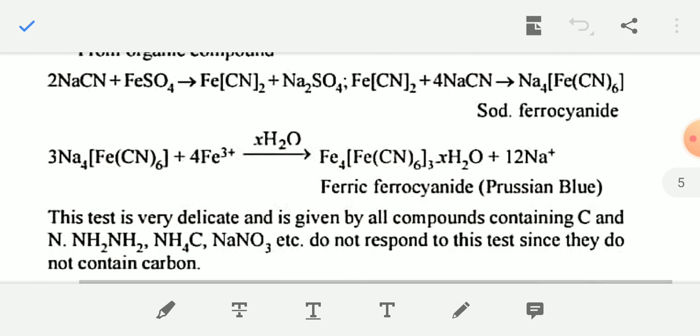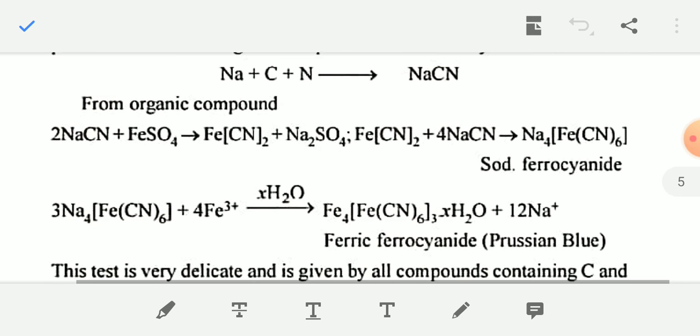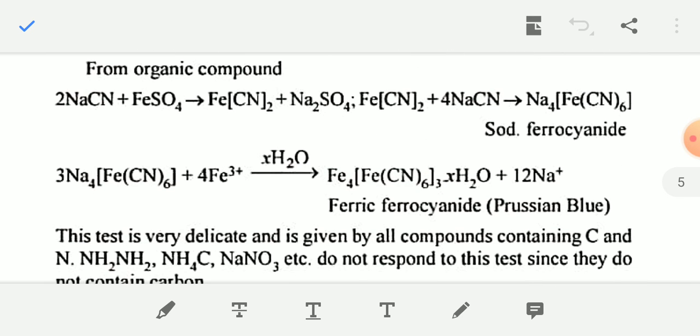Sodium ferrocyanide then combines with Fe3+ ions to form ferric ferrocyanide, and due to its formation we get the Prussian blue coloration. Using this Lassaigne test you can say whether nitrogen is present in the organic compound or not.